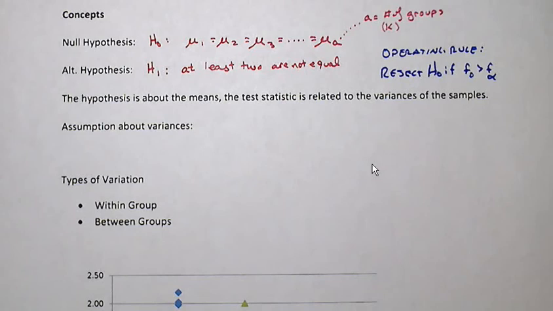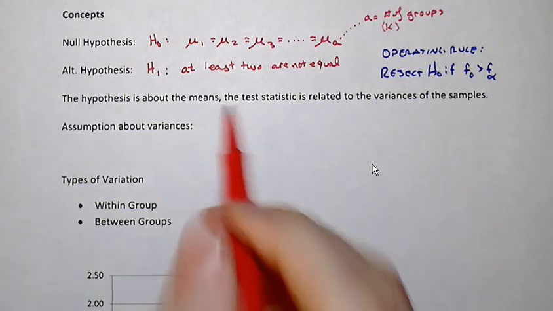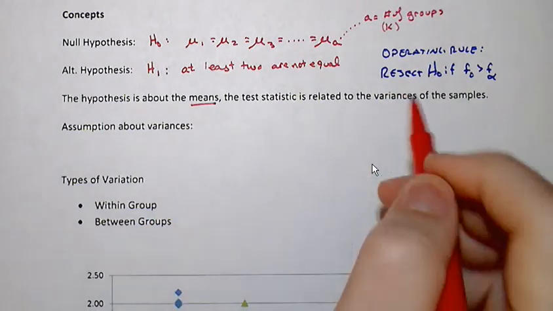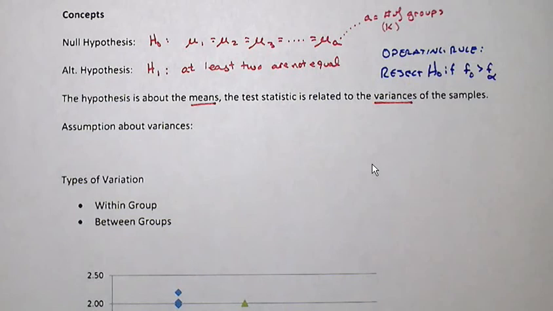It turns out that we actually do it two-sided, but because we're really out there close to one tail, I'm going to just write it as one-sided for now. Again, I want to emphasize here that the hypothesis is about the means, but the test statistic is related to the variances.